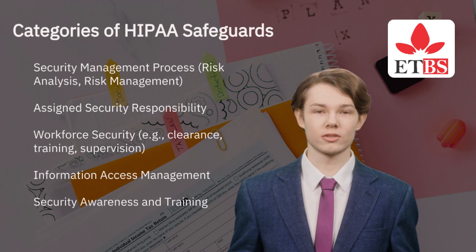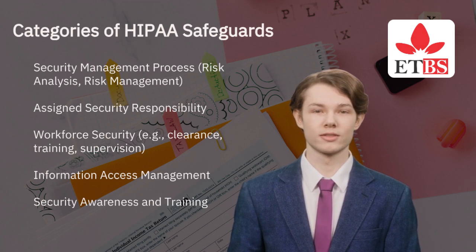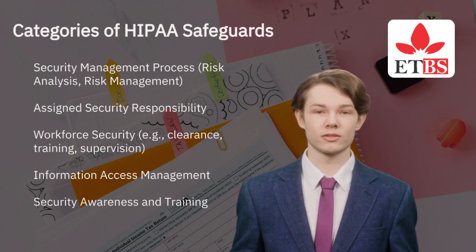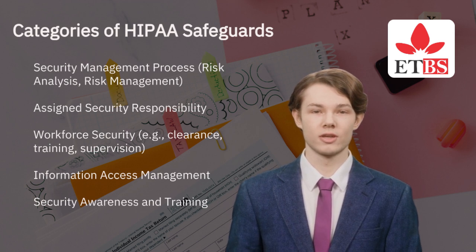B. Physical safeguards. These relate to protection of electronic systems, equipment, and data from physical threats. Includes facility access controls, workstation use and security policies, device and media controls, disposal, reuse, movement. C. Technical safeguards. These involve technology and related policies for protecting ePHI and controlling access to it.